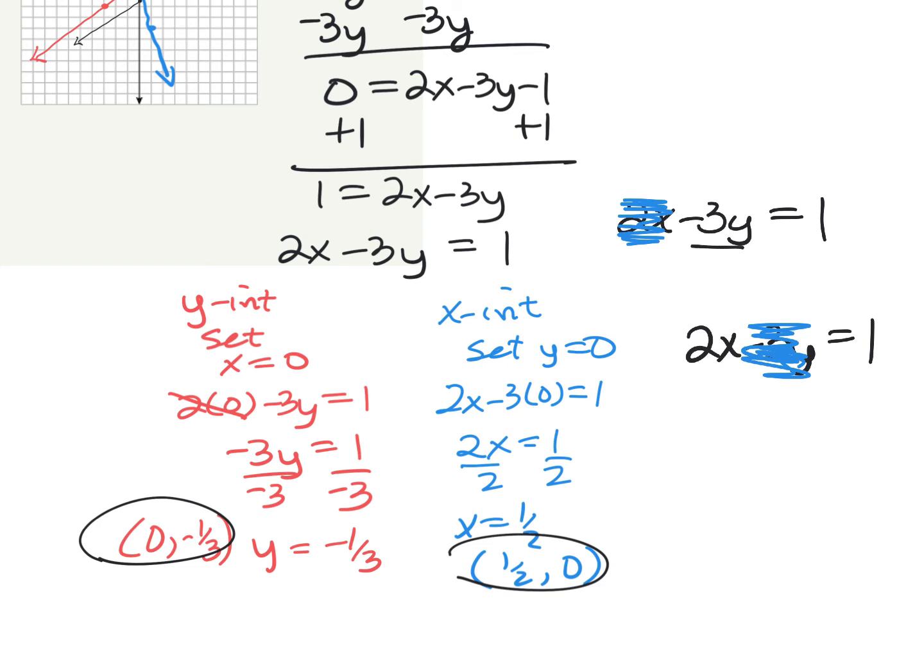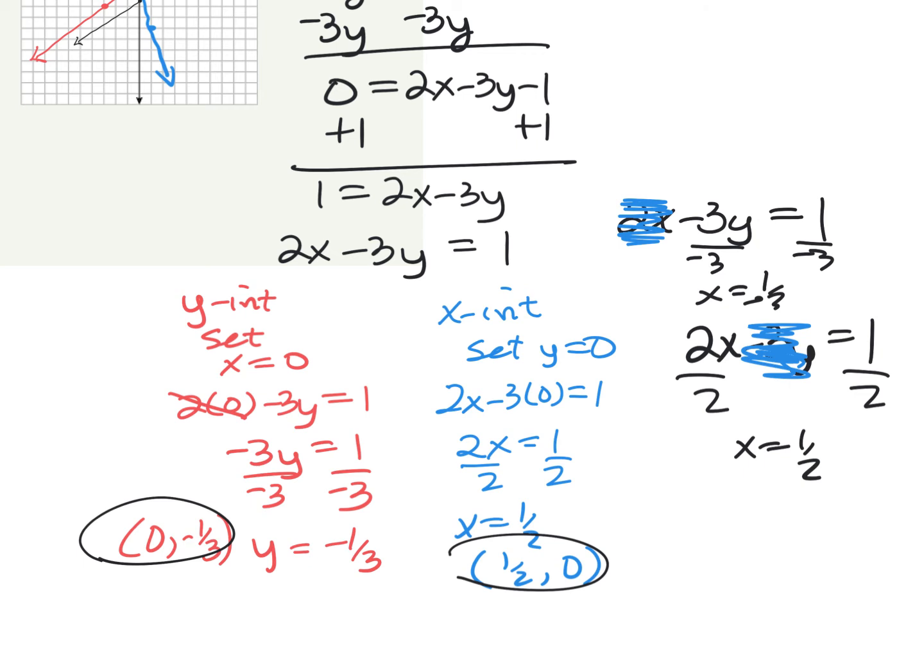So here you divide, here you divide, and then that's how you get the negative 1/3 and x equals 1/2. This only works when it's in standard form. So this is another technique of graphing. Other than putting it into y equals mx plus b, you can find the intercepts. So another way to graph.